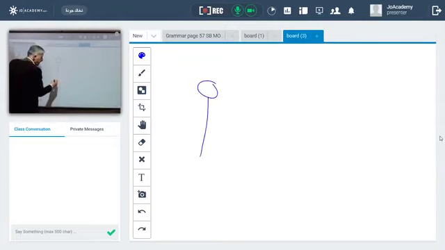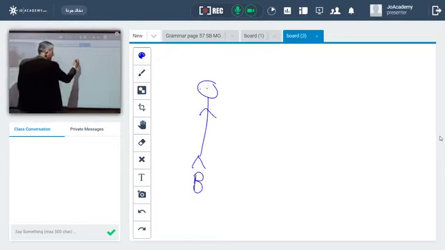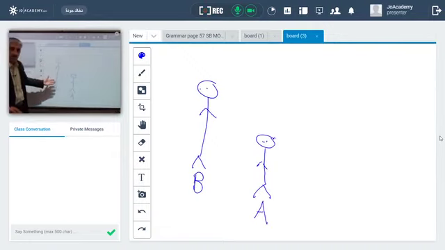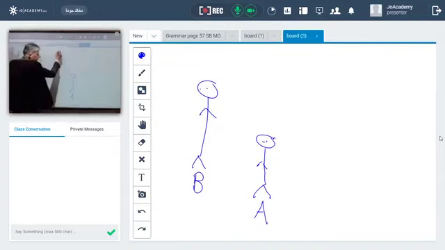This is B, let's call him B, and this is A. I will make it smaller. So if I want to compare between A and B, I will say B is between the two, this is taller. This is tall. So we say he is taller.